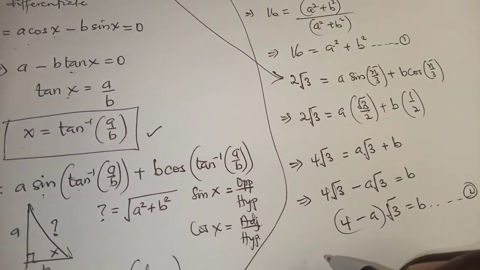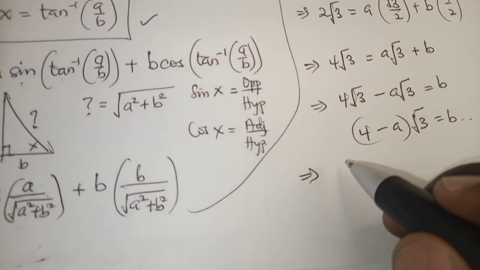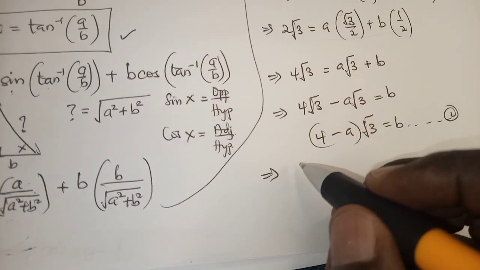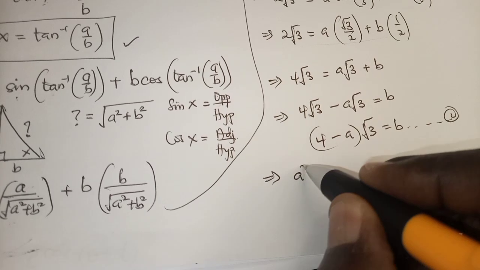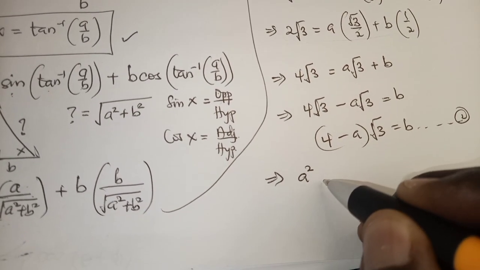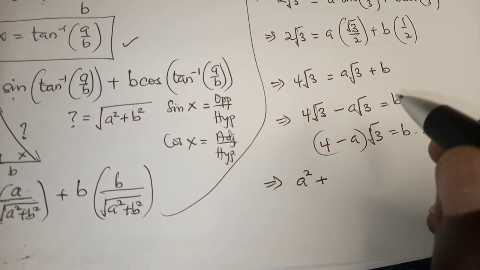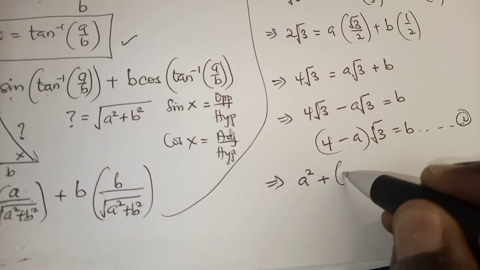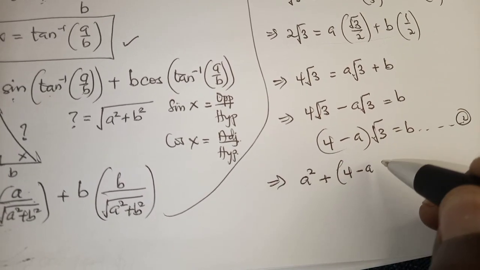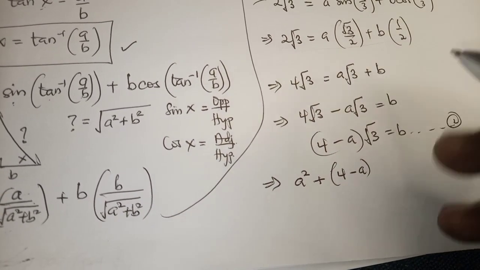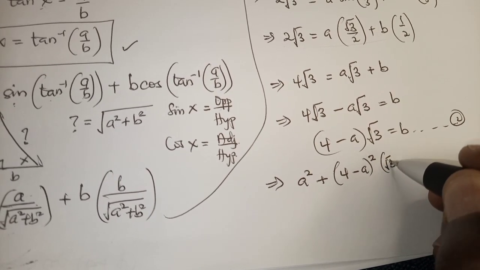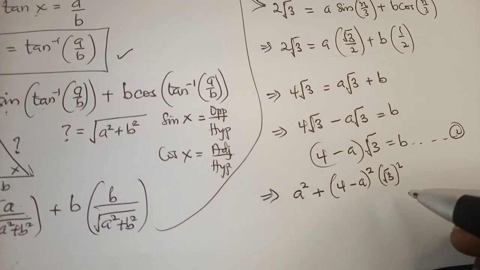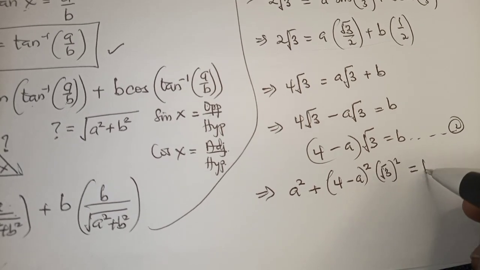So this implies that a square plus, instead of b we put 4 minus a, so b squared is 4 minus a squared, and root 3 will also be squared, all equals 16.